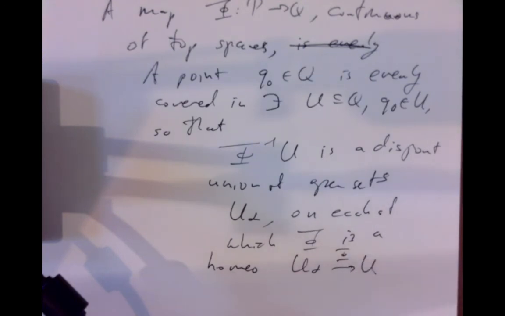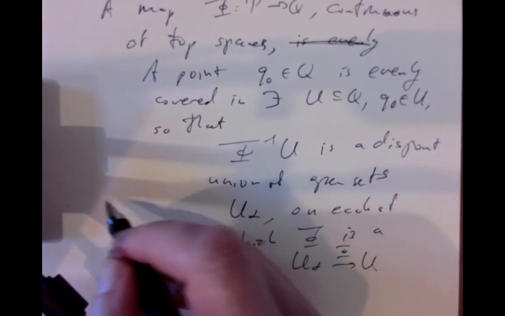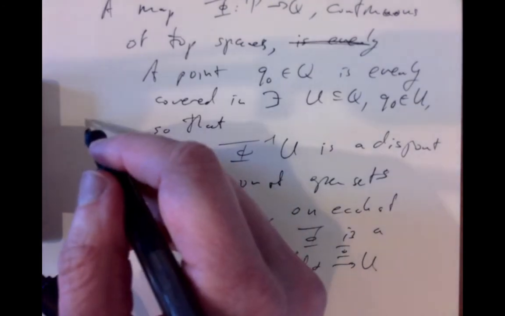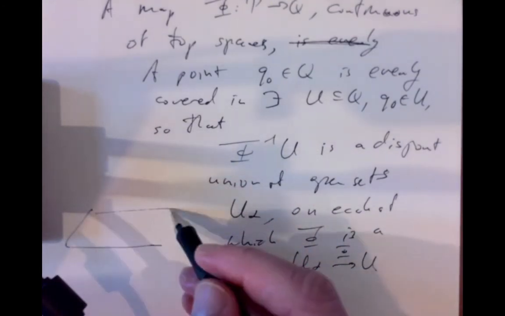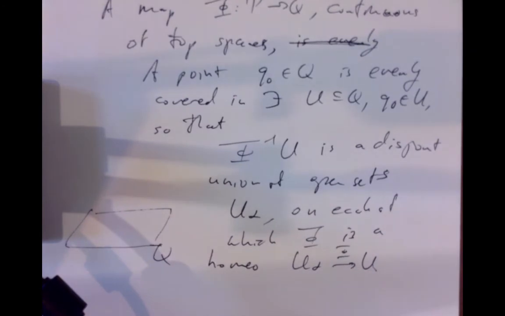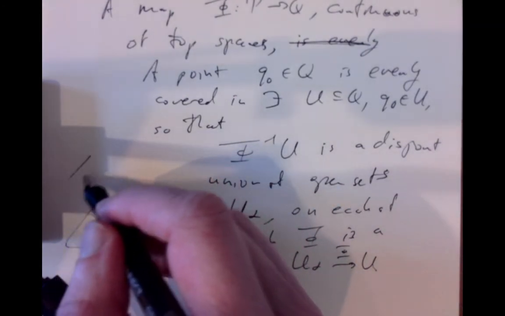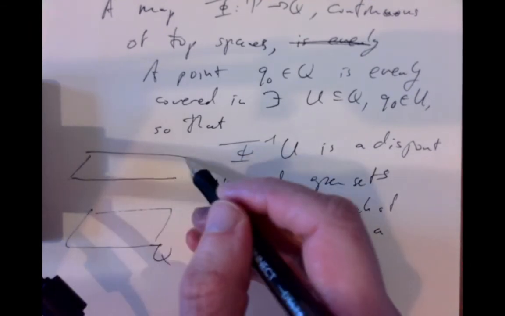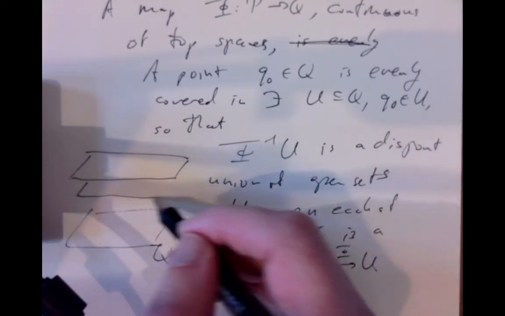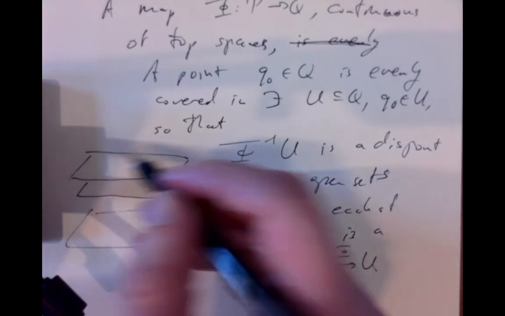So a picture of a covering space, the standard picture: we imagine that this is Q, some sort of large flat thing, and then we imagine that P looks something like this guy here, and then another guy maybe here, and then another guy, and so on and so forth.